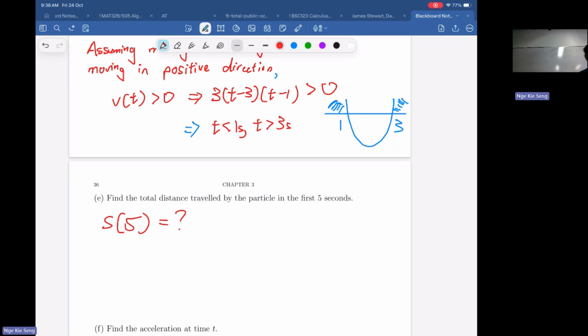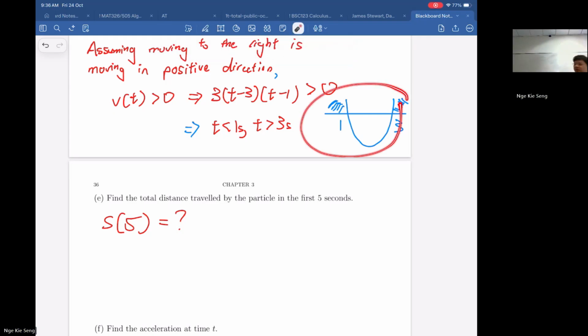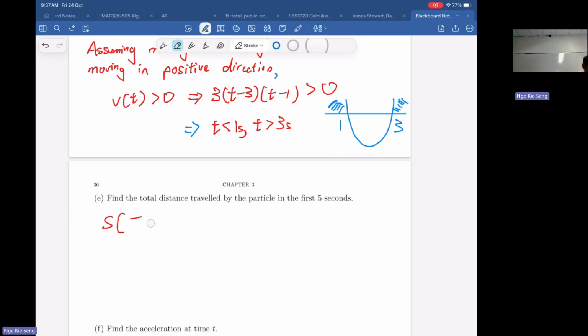So how should we put this? What do we know? From the quadratic function we drew just now, let's fix our t in 0 to 5.